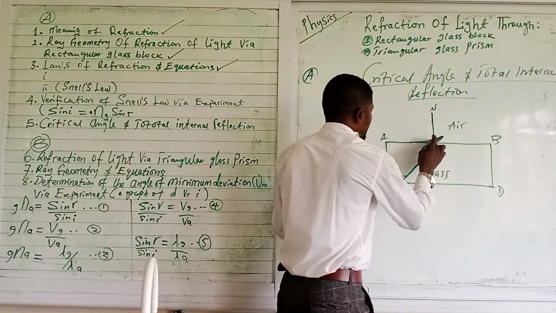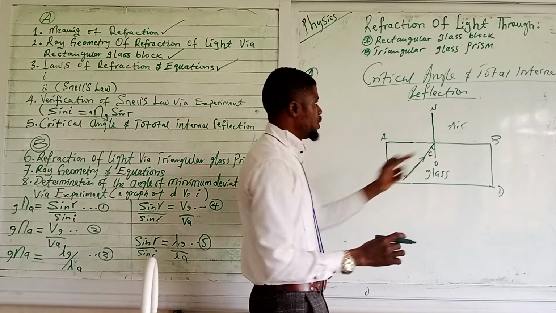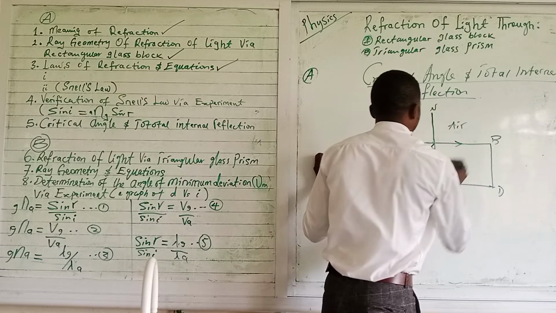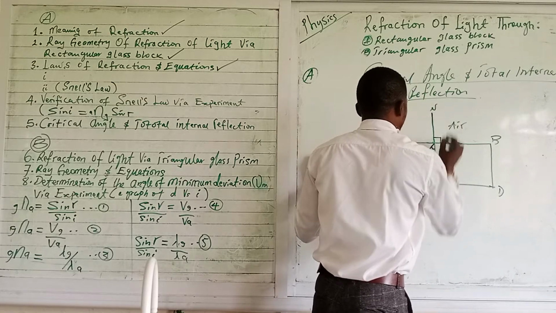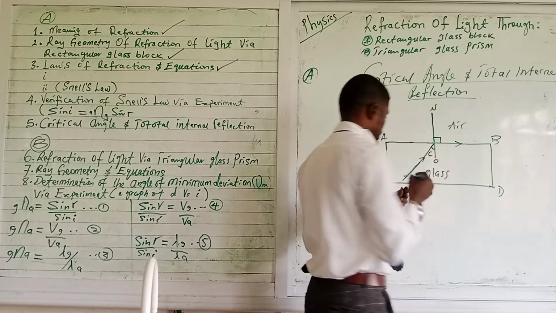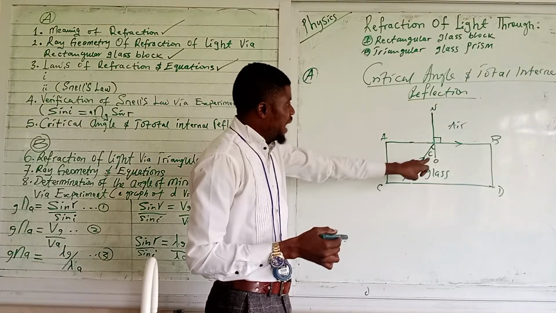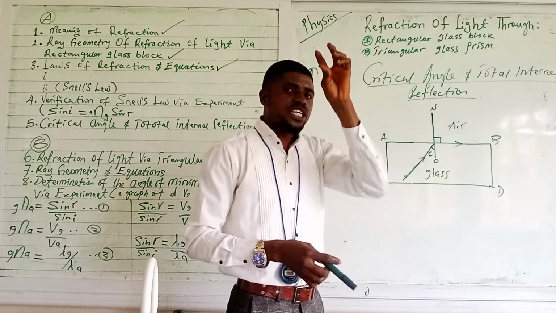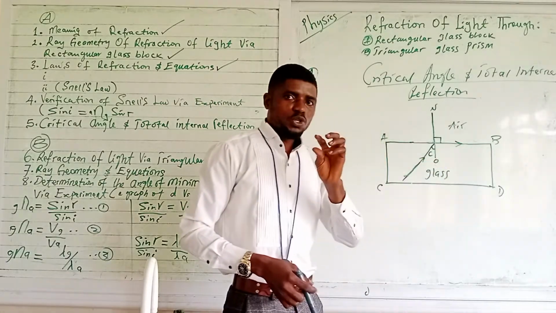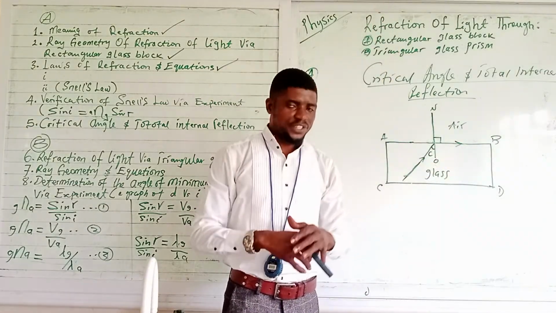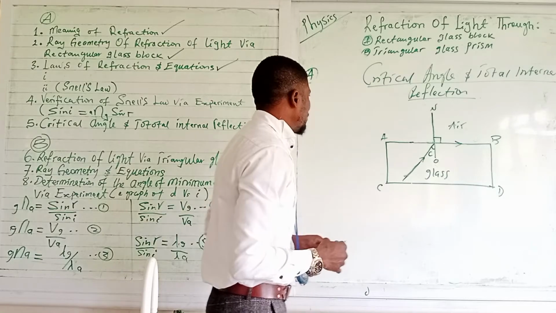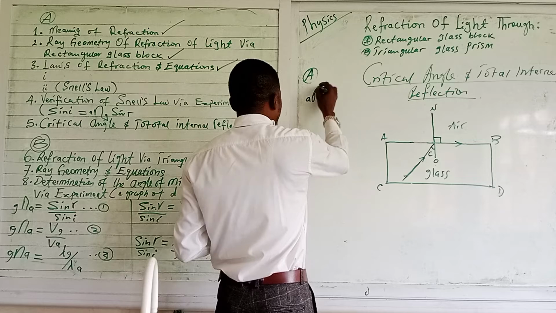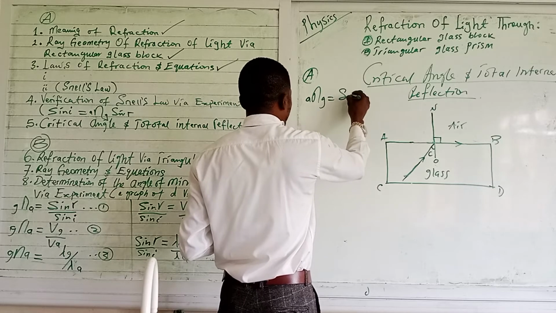Now, what happens here is that at the critical angle, the angle of refraction is perpendicular to the normal. So this angle of incidence, for which the angle of refraction is perpendicular to the normal, is what we call the critical angle in physics.